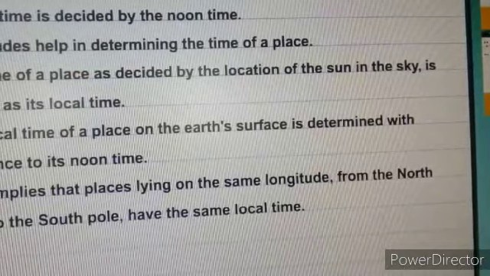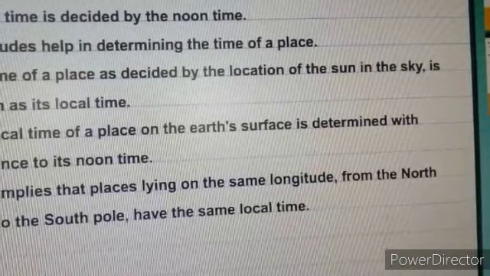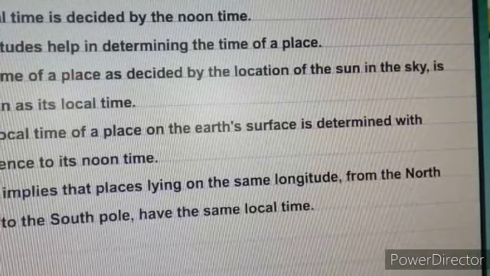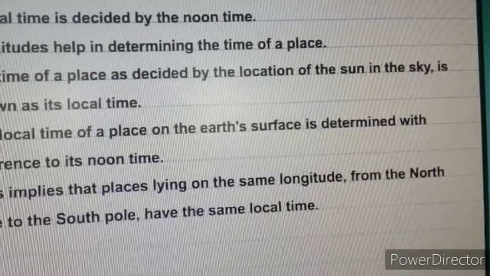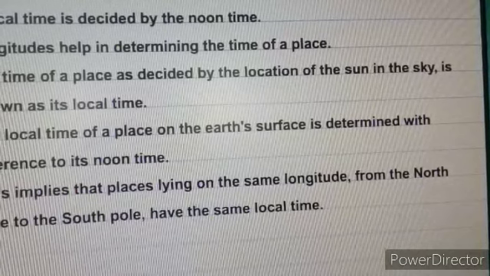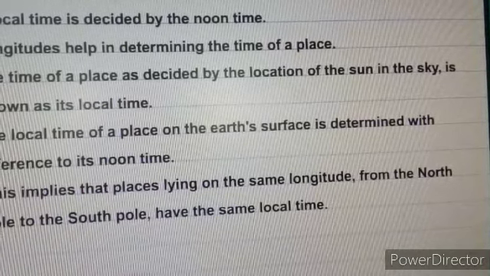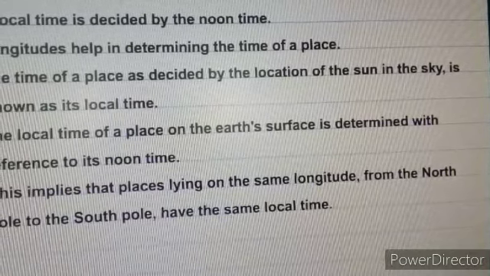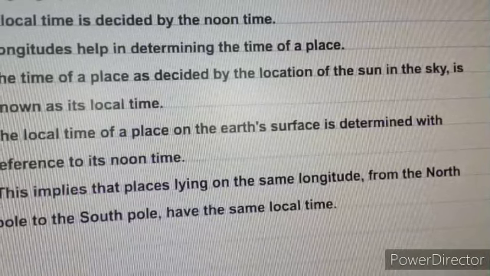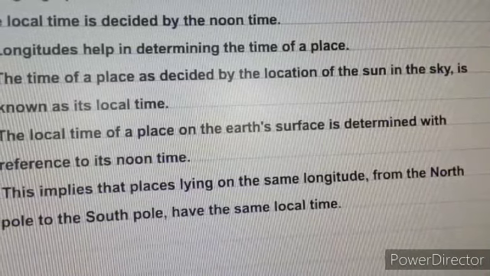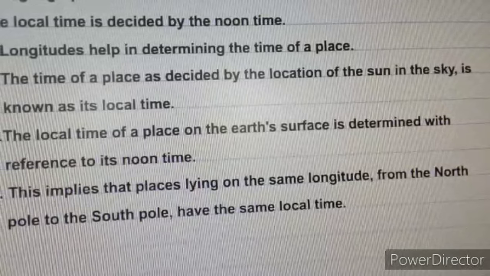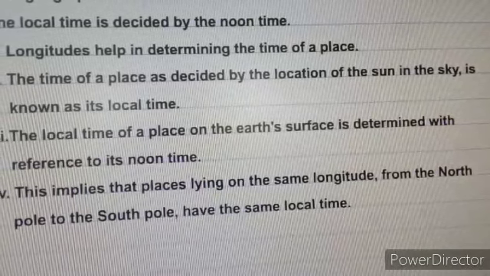Give geographical reasons. A. The local time is decided by the noon time. First point, longitudes help in determining the time of a place. Second point, the time of a place as decided by the location of the sun in the sky is known as its local time.